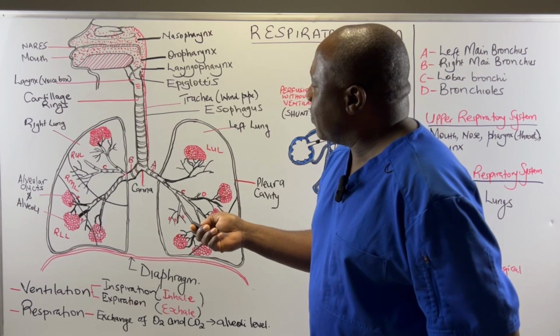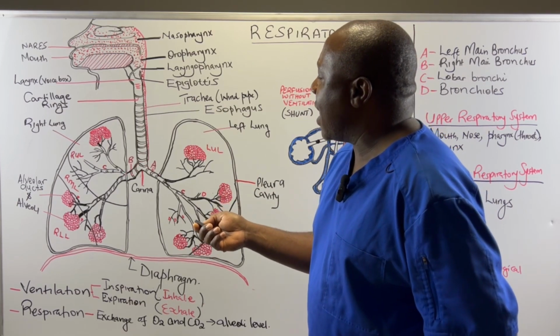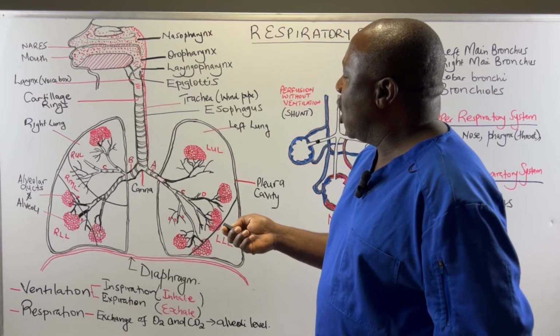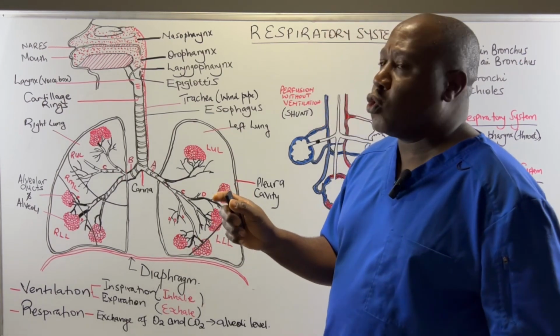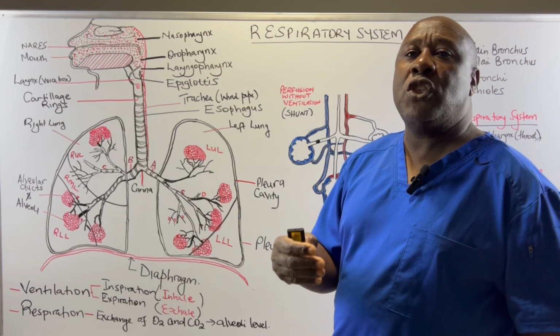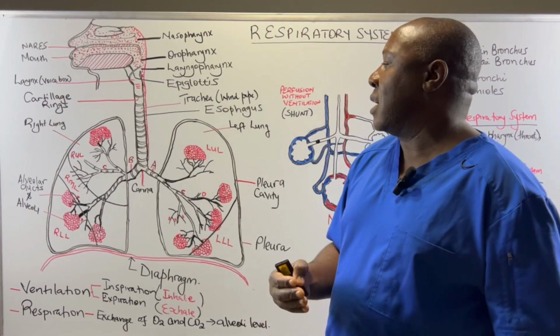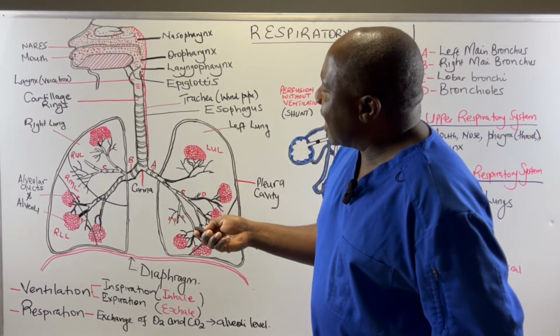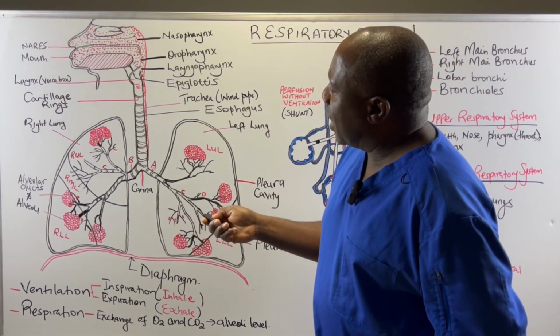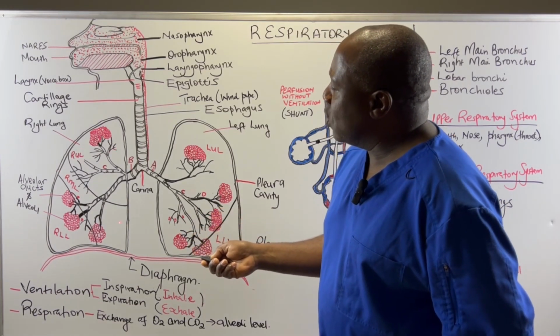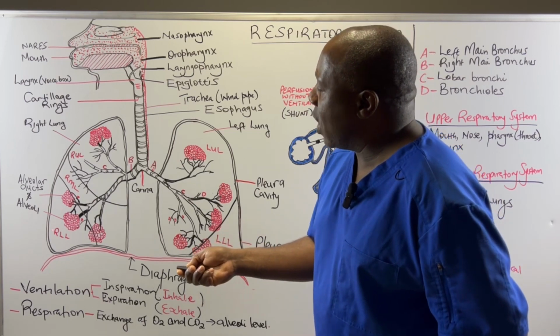Now, from the bronchi, either right or left, we have the lobar bronchi, which enter into the lobes of the lung. Remember, the right lung has 3 lobes: the right upper lobe, the right middle lobe, and the right lower lobe.